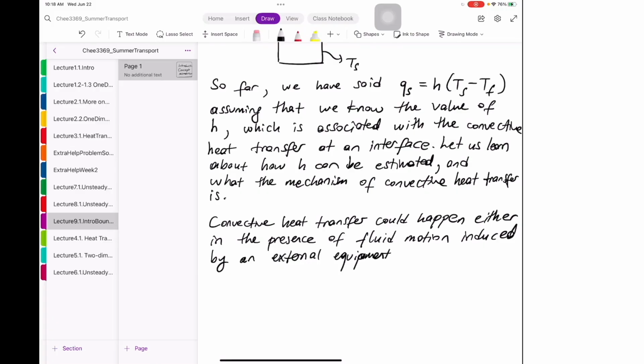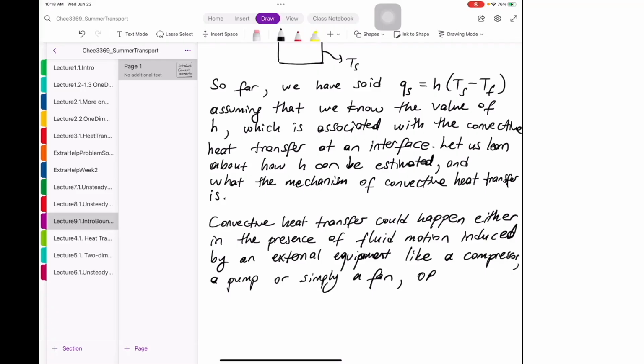This equipment can be anything that can pump or compress a fluid, like a compressor, right? Or maybe a pump, or simply a fan.